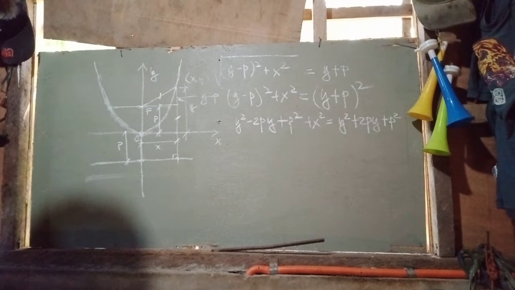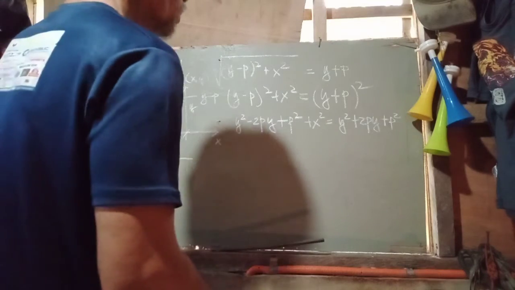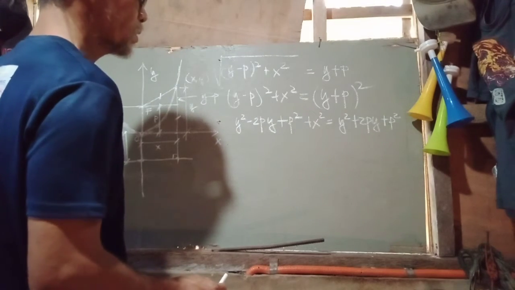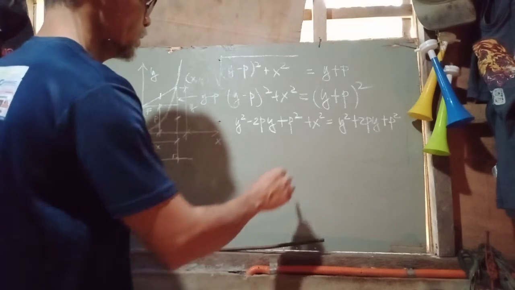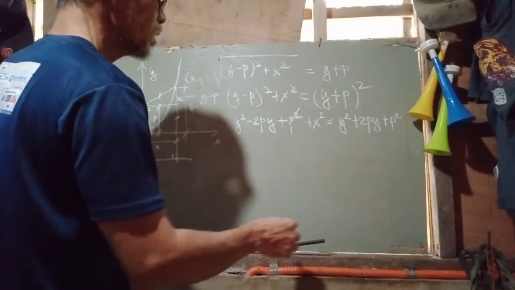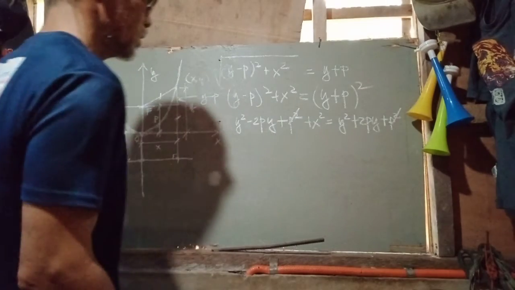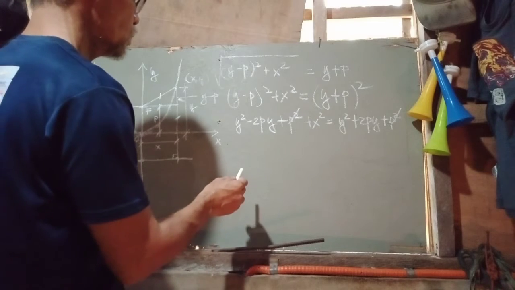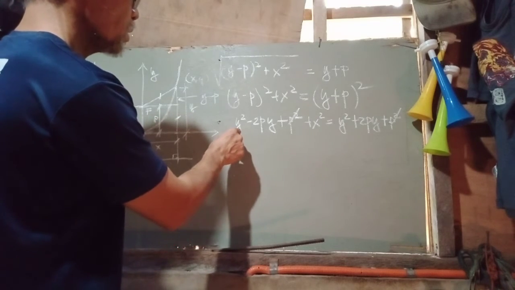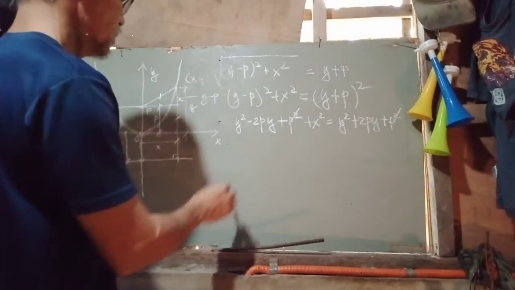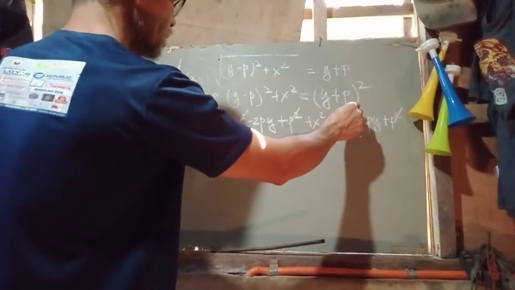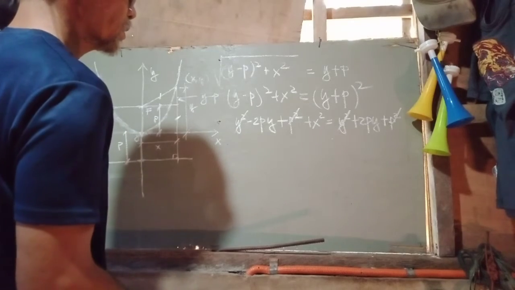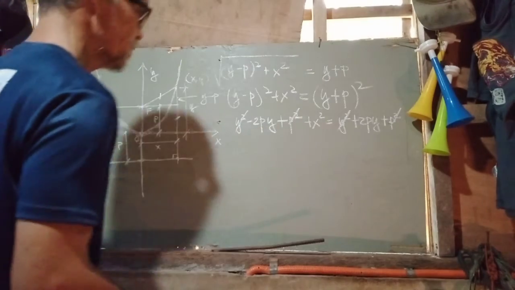To simplify further, we have to cancel the common terms on both sides of the equation. This p squared can be cancelled with this p squared here. This y squared, also this y squared here, will be cancelled. So what do we have left in the equation?